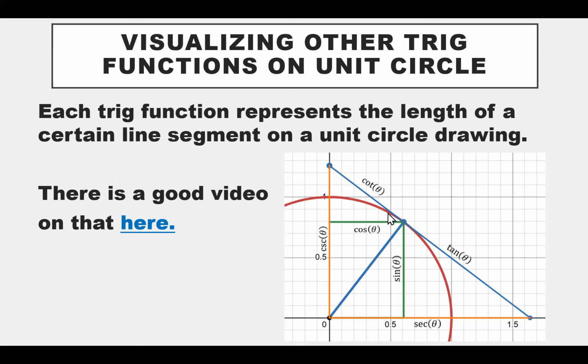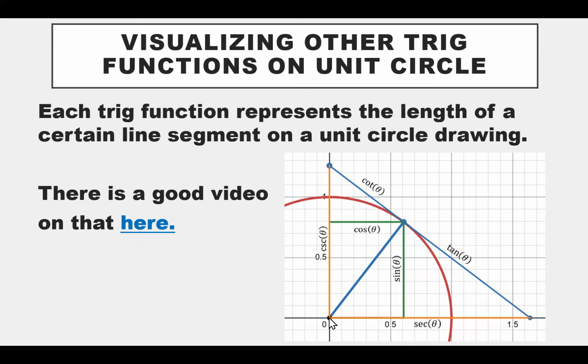if I create a line perpendicular to that and then stop it where it hits the x-axis and where it hits the y-axis, then it turns out that the tangent of theta is the distance from my point on the unit circle to the x-axis on that line. Again, that line has to be perpendicular to the ray coming in here. And cotangent of theta is the distance from the point up to the point where that line hits the y-axis.